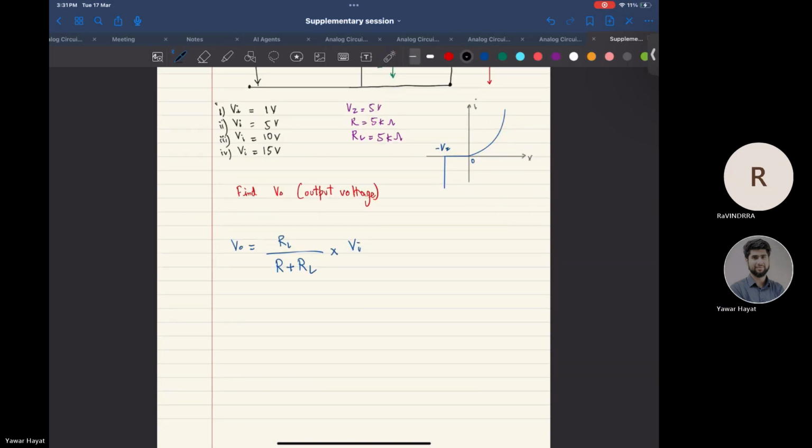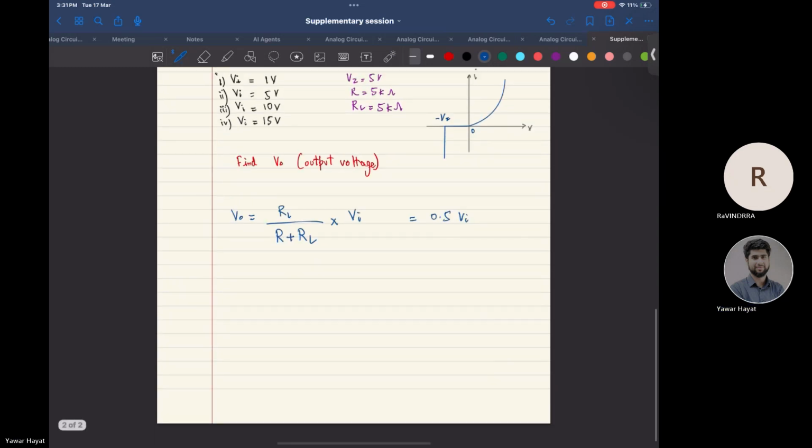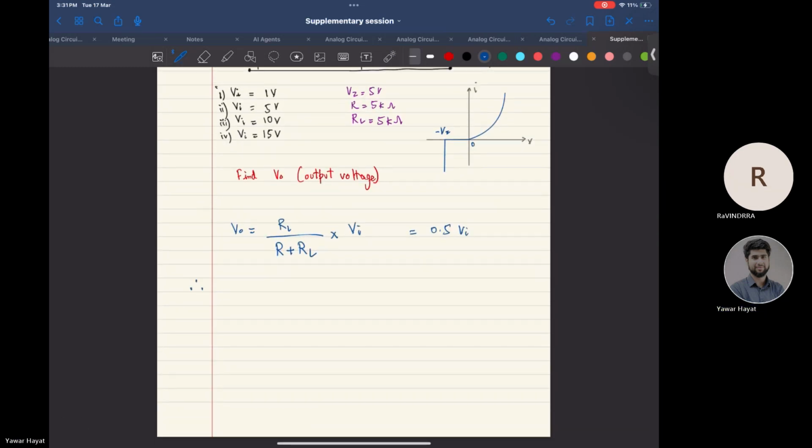Now, since we know the values of R and RL, can we simplify this? Yes, right? So this would be 5 by 5 plus 5, that is 5 by 10, that is 0.5. Okay, so this would be 0.5 times VI, correct? Therefore, for different values of VI, we would have different output voltage.